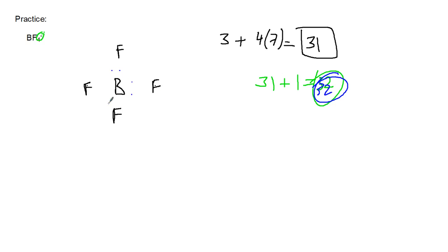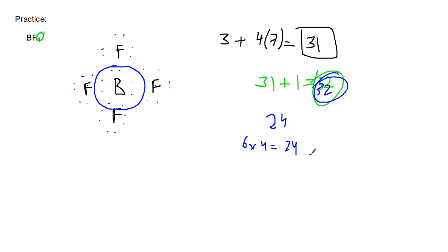First of all, we put the electrons around the B. There you go, that satisfies the octet. We have 24 left. Let's put them around all the other atoms because they also need 8. So 6 on each fluorine, and 6 times 4 is 24. We are good. We've used all our electrons wisely.